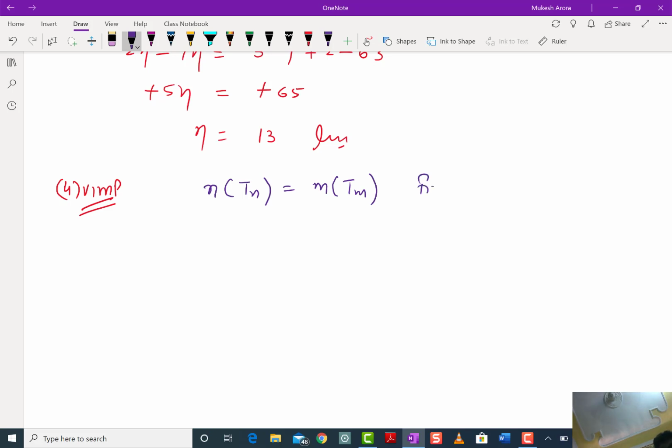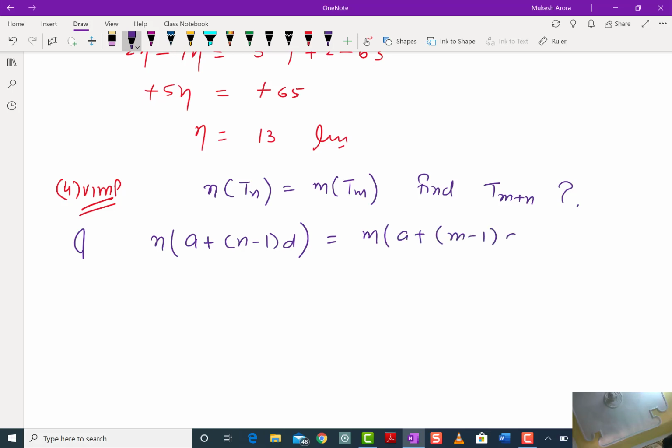Find the m plus n term. N into a plus n minus 1 d is equal to m into a plus m minus 1 d.